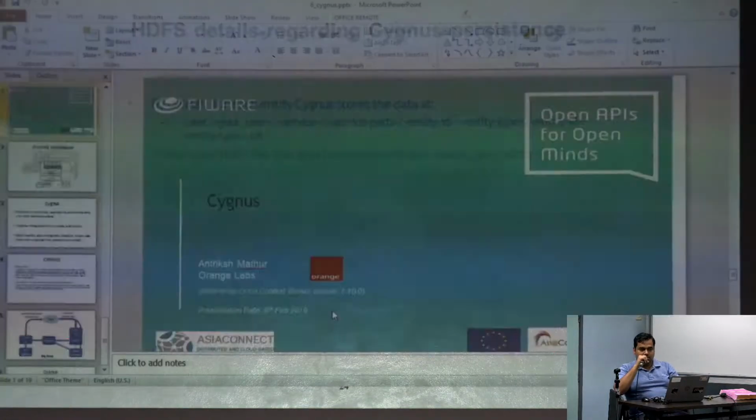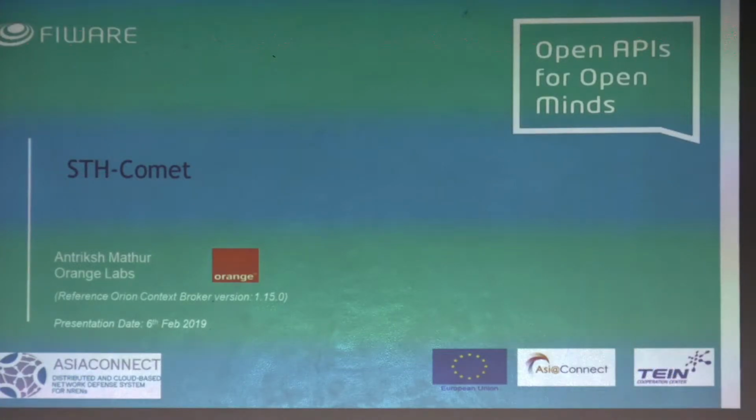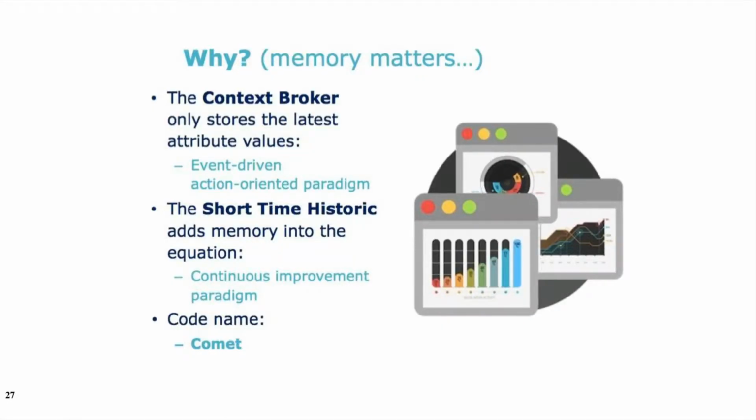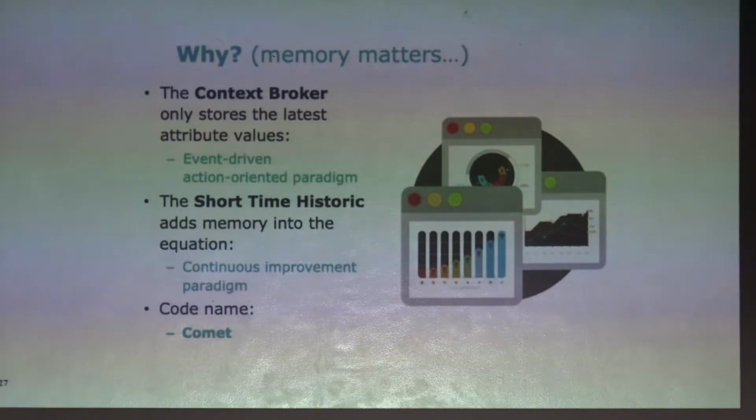Now, if I talk about Comet, it's normally recommended, though it depends on your application. If your application doesn't have a lot of data generation and you don't have a lot of historical data generation, then it's better to use STH Comet. It provides very basic capability of aggregation and time series.